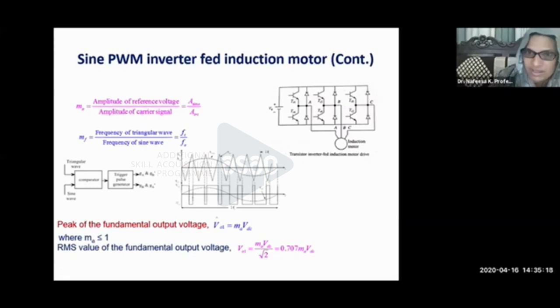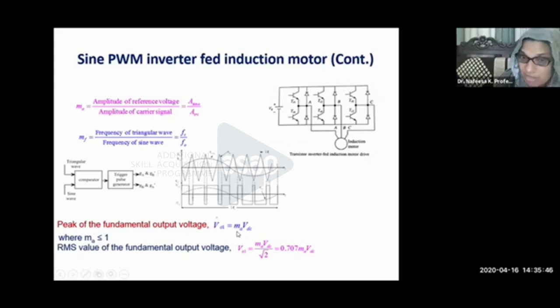Here, as I already said, variable voltage can be obtained by varying the modulation index, MA. What is MA? MA is the amplitude of reference voltage by amplitude of carrier signal. So if you want to change the value of MA, you can change the peak of this. By changing this, you can vary MA.